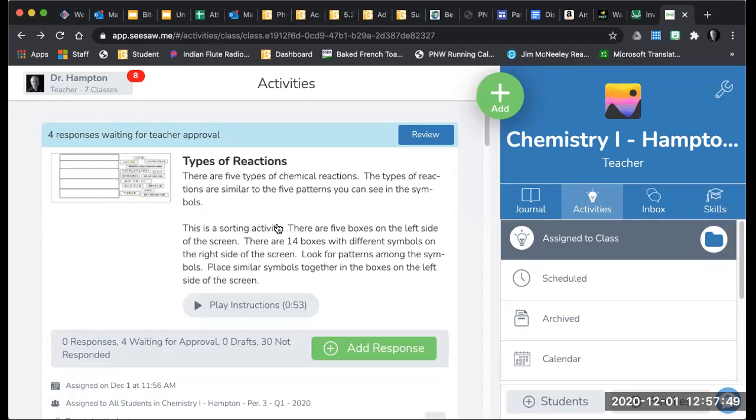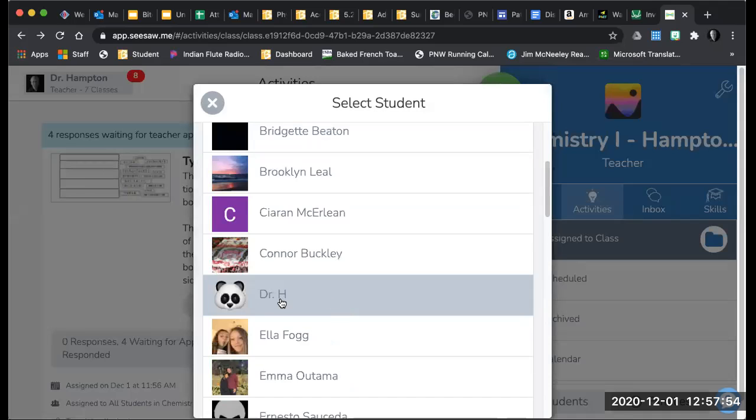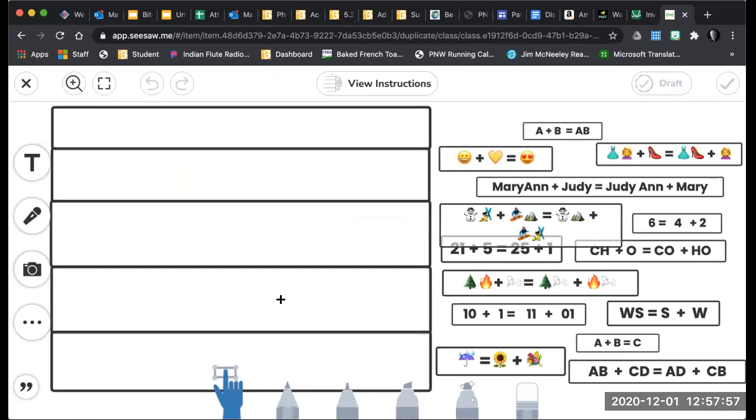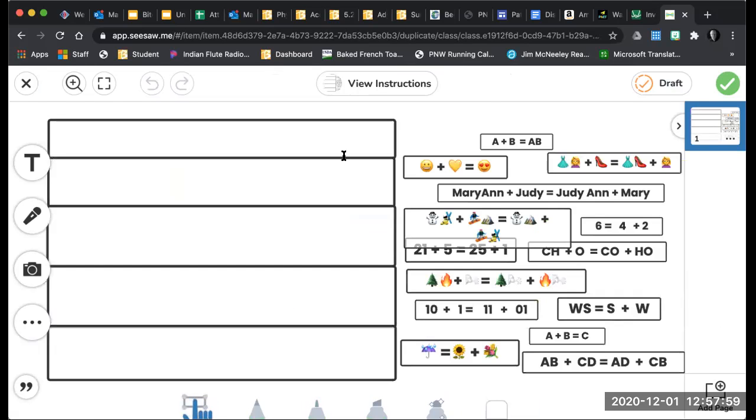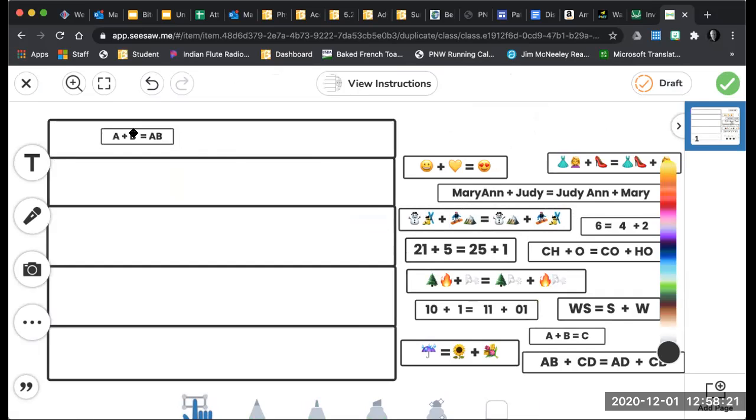So when we do chemical reactions, we're looking for patterns of the way that elements and things join together or are taken apart. So I have 5 different pattern boxes, and all I want you to do is move these and look for the similarities and differences among these 14 boxes, and figure out that, okay, let's see, I have 2 things on the left side and 1 thing on the right side.